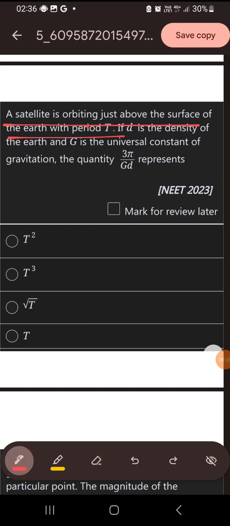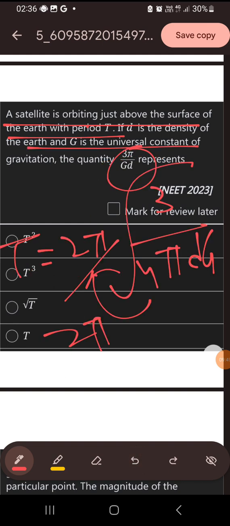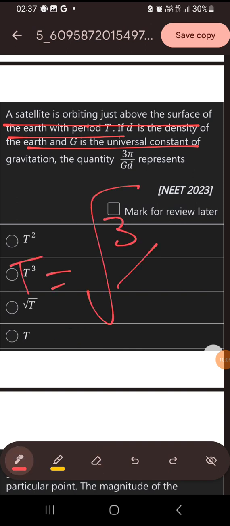Root of T is equal to root of 3 by Gd. Again you'll get similar, T is equal to root of 3 by Gd.